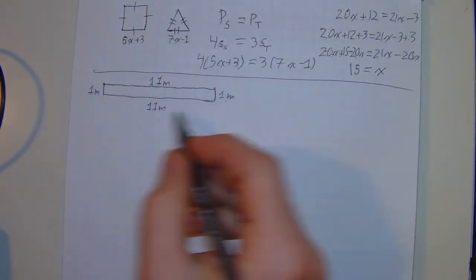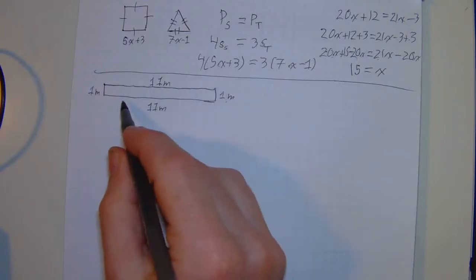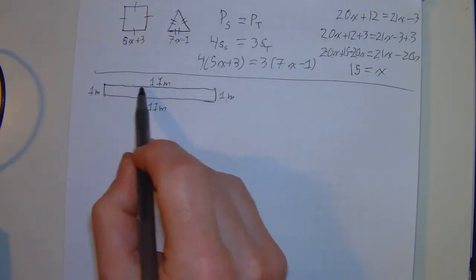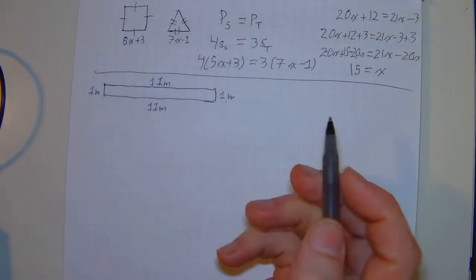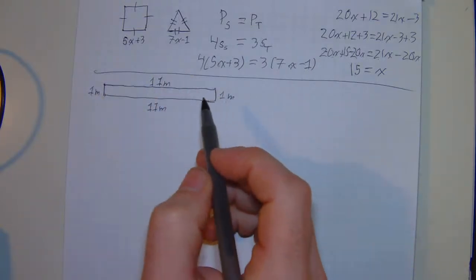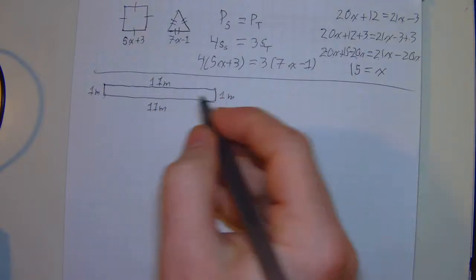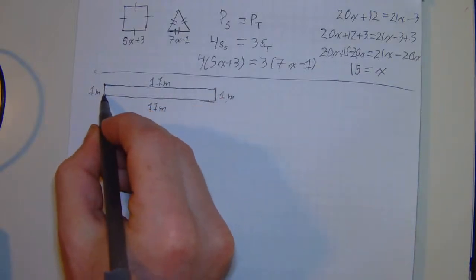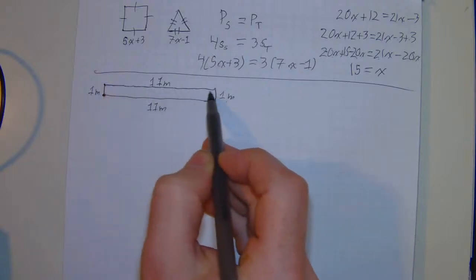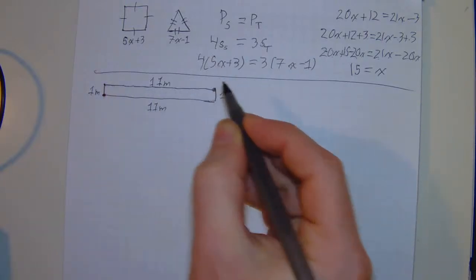Okay, so there is our 24-meter rectangle. One question you might ask is, once I knew this was 1 meter, how did I know this was going to be 11 meters? There are a few different formulas for doing this, but the one that I find the easiest is to just think about halfway around the rectangle. Starting at this corner, going up and then across and ending at this corner.